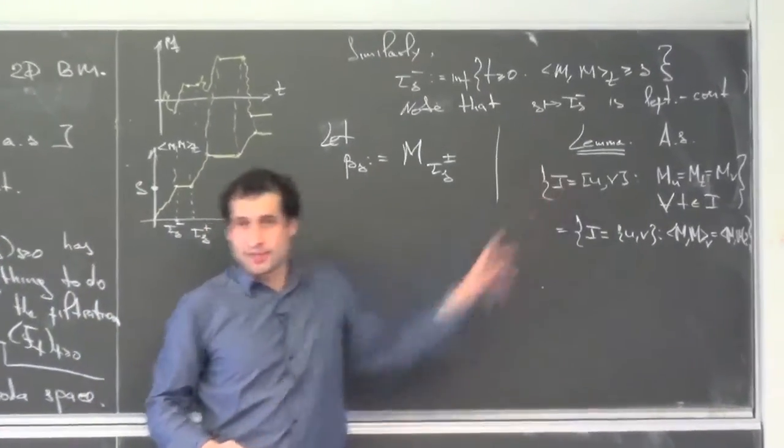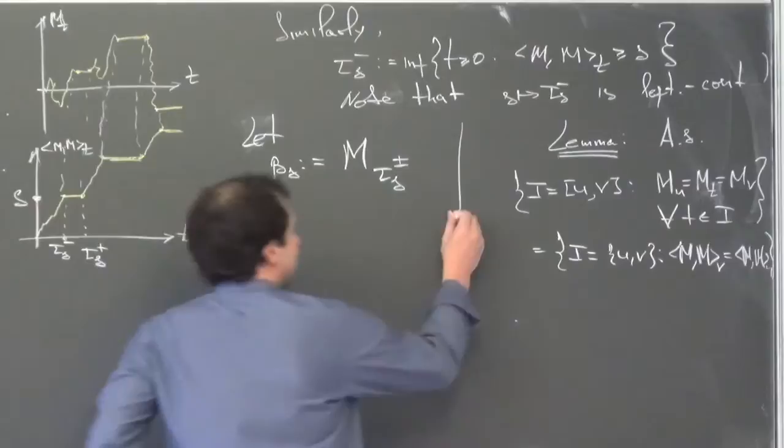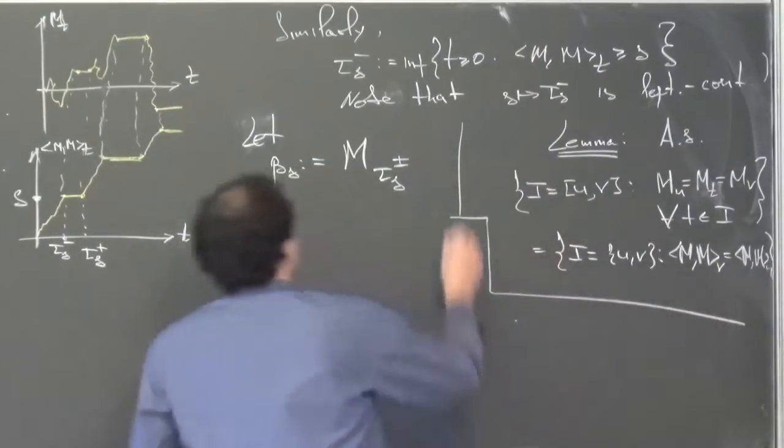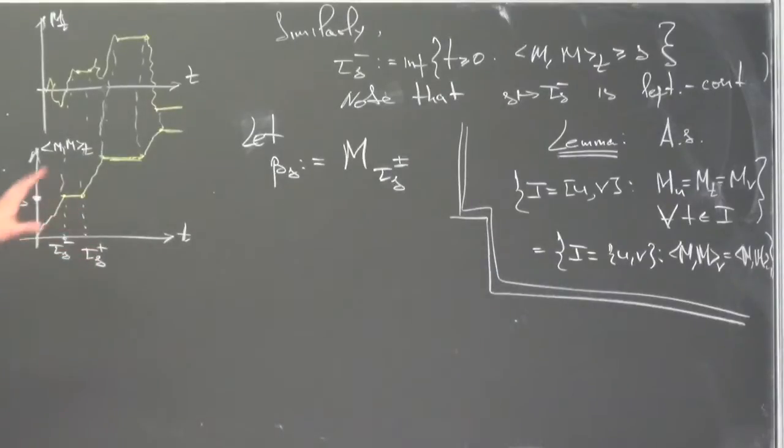Both are random sets of intervals. Okay? So assume we already have this lemma.